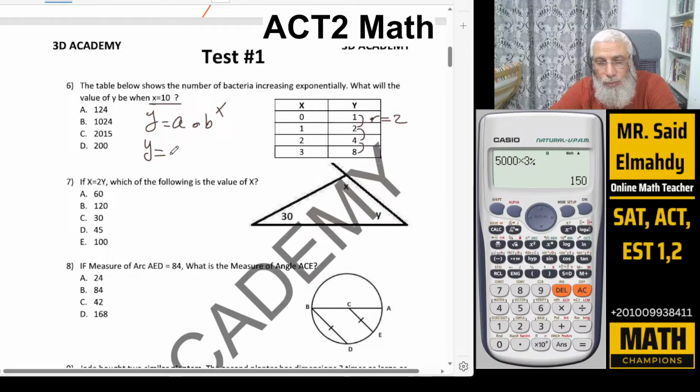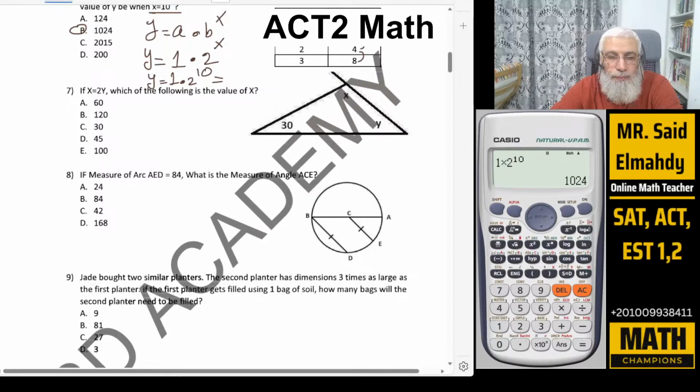The initial value at 0 is 1, so a is 1. b is the ratio, 2, power x, and x is 10. So y equals 1 multiply 2 power 10, which is 1024.